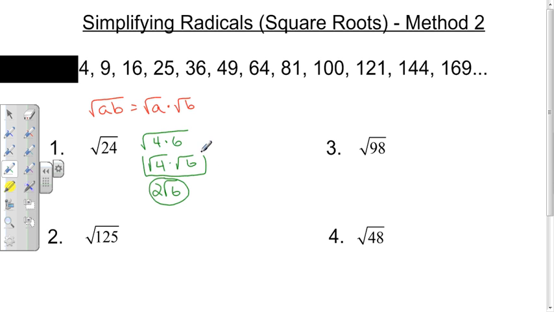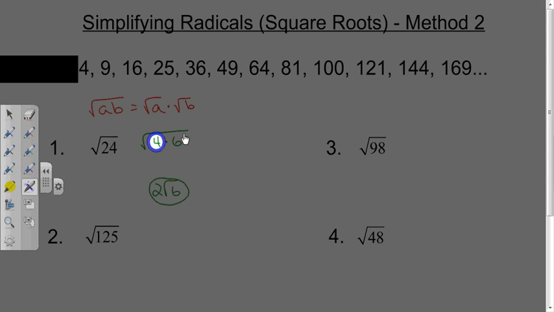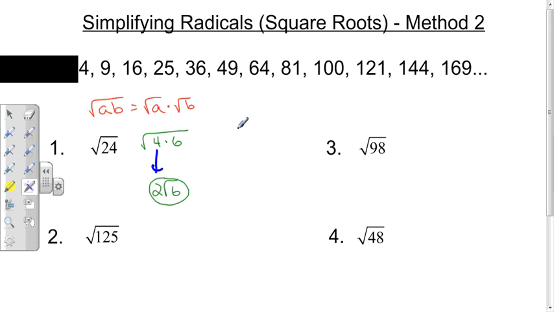This part I put in the box. You could probably just skip that part and read it right out of this line. They are equivalent, so if we're trying to do this a shorter way, you don't even need that step. As long as you realize that you can square root both of these numbers, that's why we picked a perfect square, so we can square root it and get the 2.